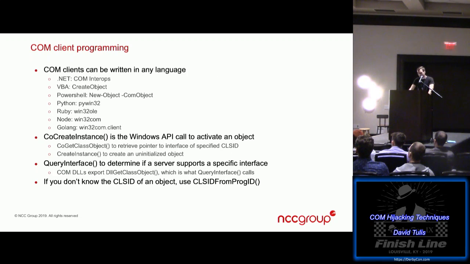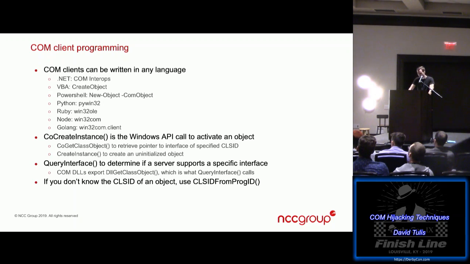And COM clients really can be written in any language. COM clients, or languages that are not natively supported by Windows, have libraries to help with the creation and management of objects. But at the Windows API level, developers will often use the CoCreateInstance API as a generic function to create a single instance of an object. This function will call the exported DLL GetClassObject function, which is exported by all COM libraries.